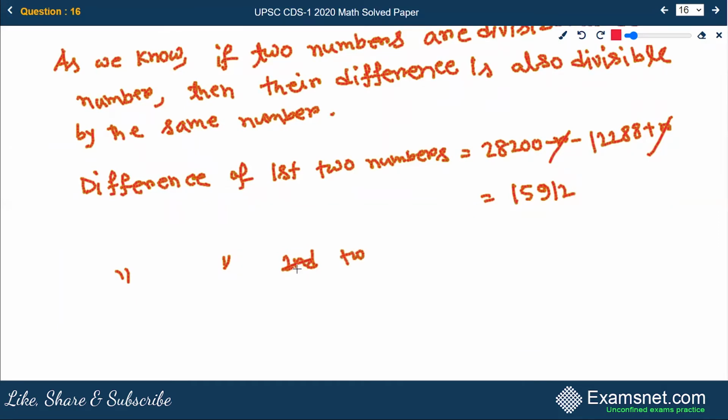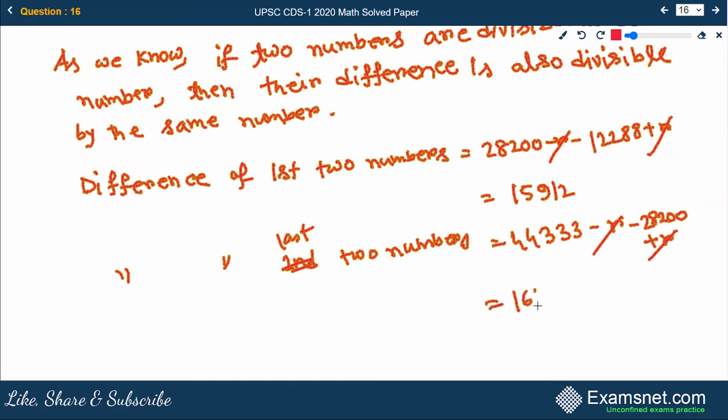Also, the difference of the last two numbers, that is 44,333 minus R minus 20,200 plus R. Both R got cancelled here, 16,133.